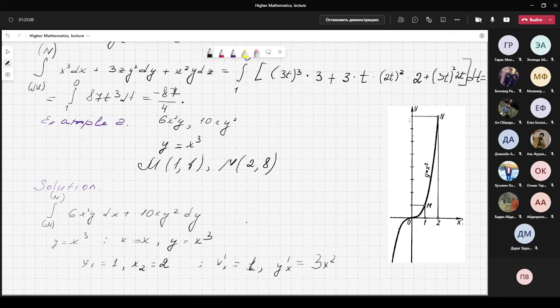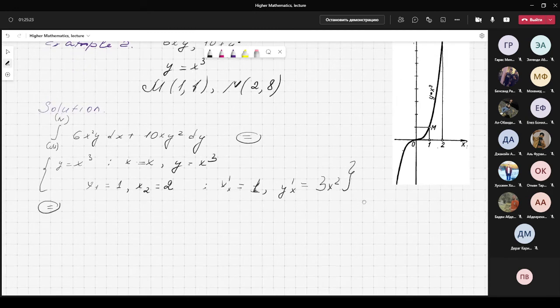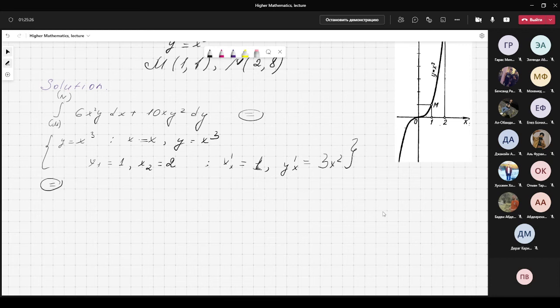Hence, our integral equals the integral from 1 to 2 of 6x squared times x cubed times 1.